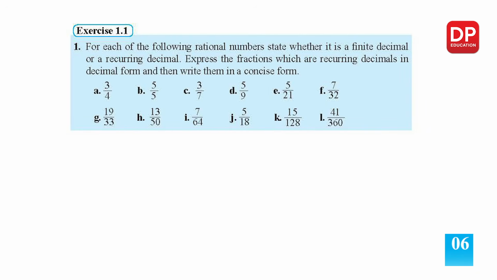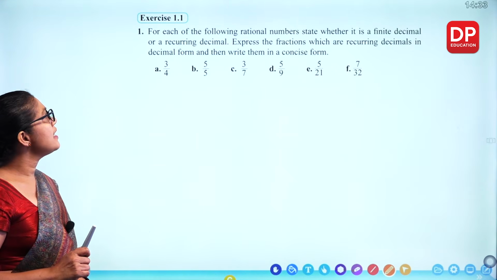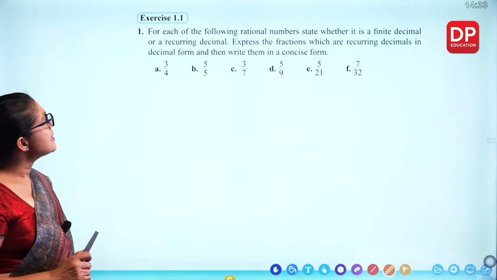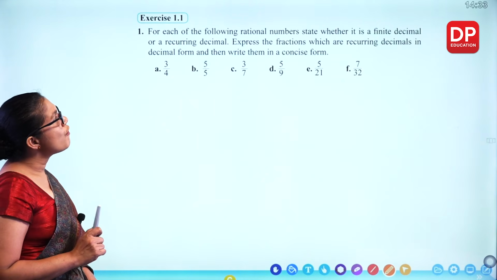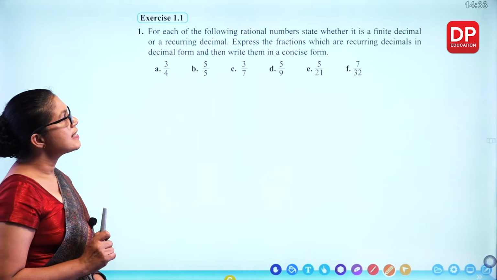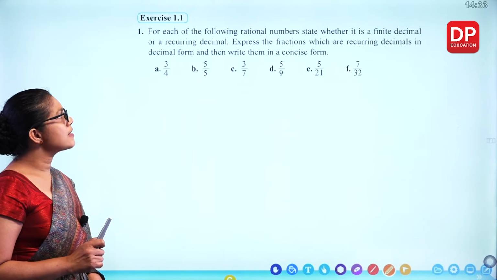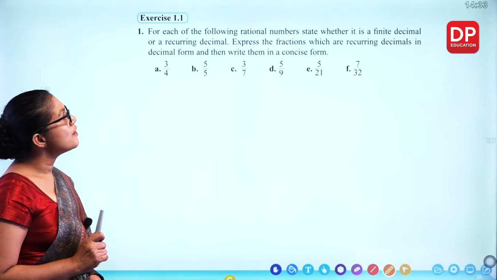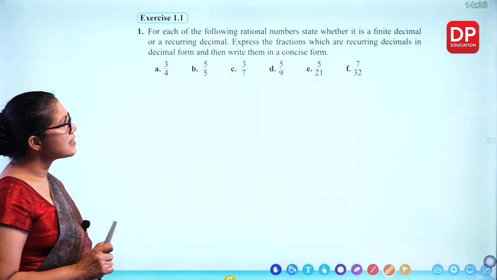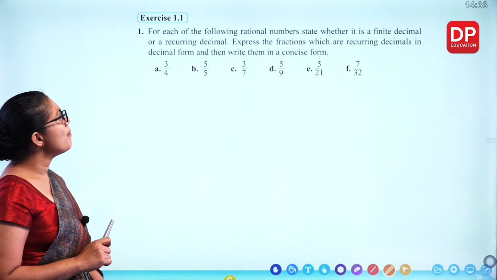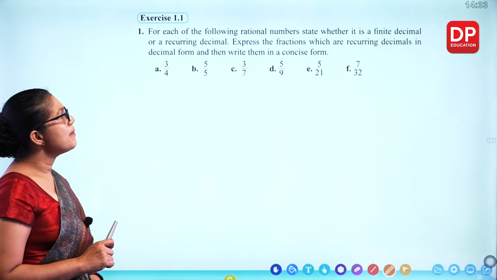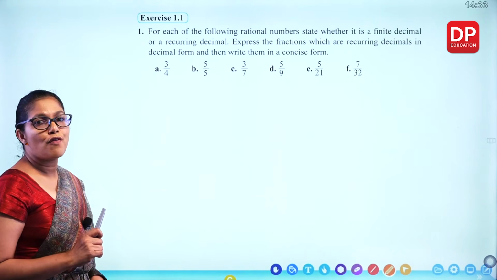Now we'll look at the exercise 1.1 in your textbook. It says, for each of the following rational numbers, state whether it is a finite decimal or a recurring decimal. Express the fractions which are recurring decimals in decimal form and then write them in a concise form.